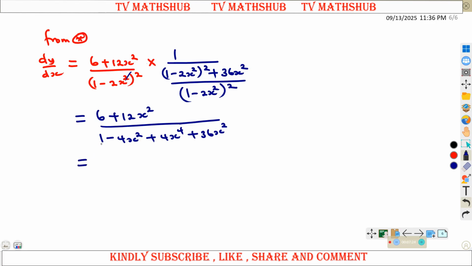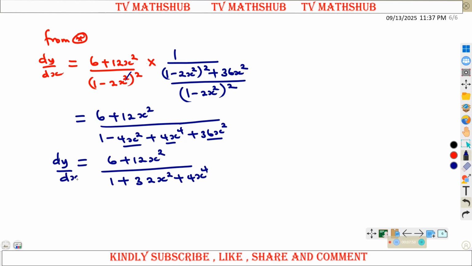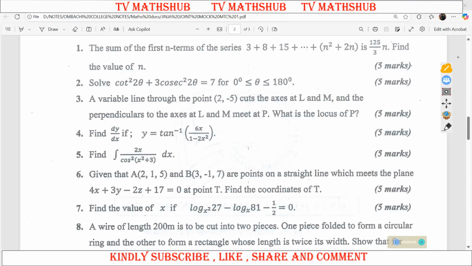From here we can simplify this further to give us 6 plus 12x squared divided by 1 plus 32x squared, plus 4x to the power 4. So dy/dx is 6 plus 12x squared divided by 1 plus 32x squared plus 4x to the power 4. This will be the value for dy/dx.